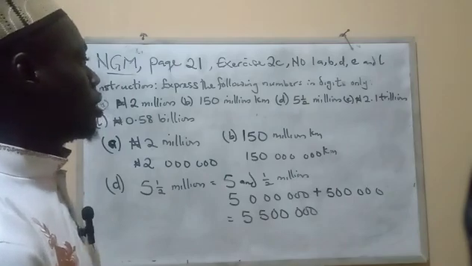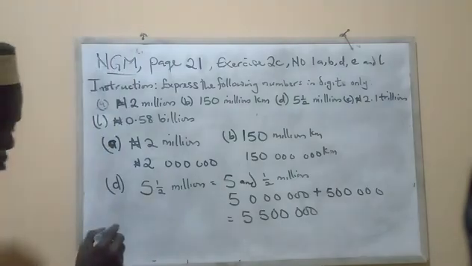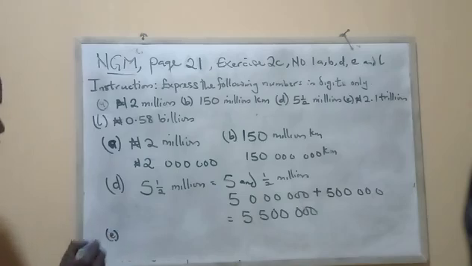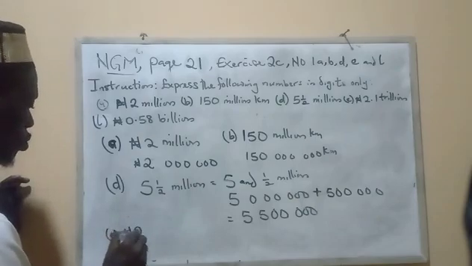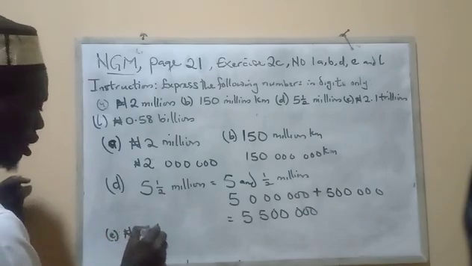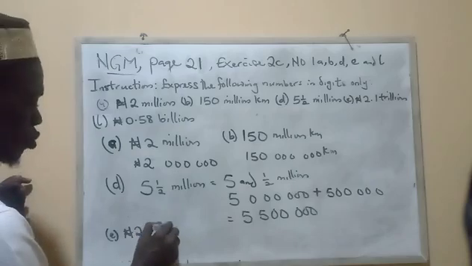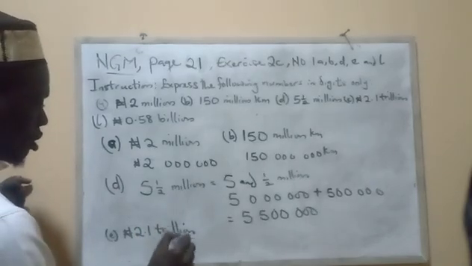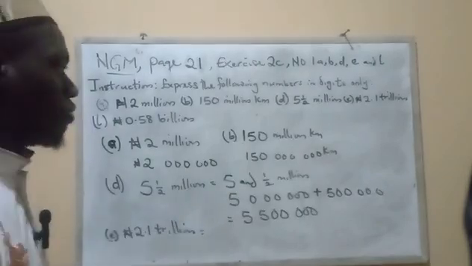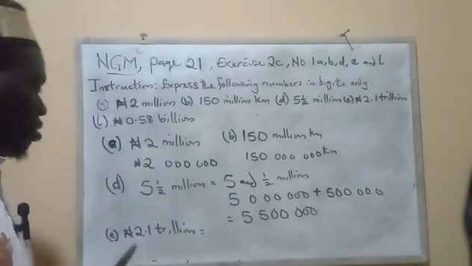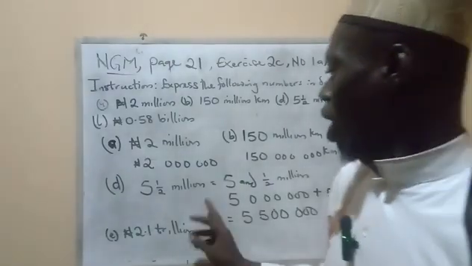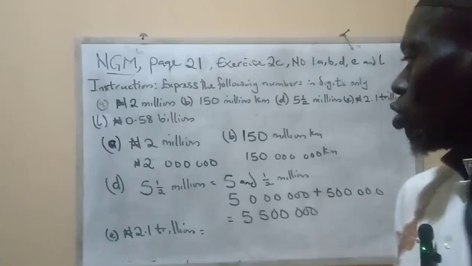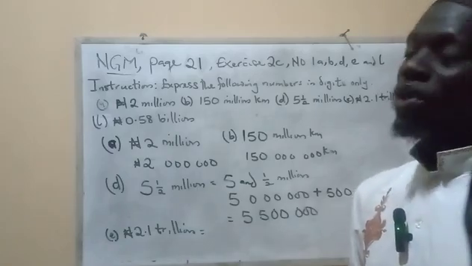Then the E part, we have 2.1 trillion. The same way we have done for that, this is a decimal number, while the one we just finished is a fraction.